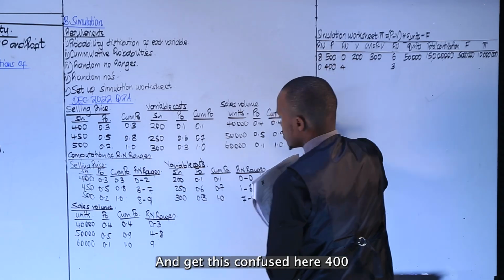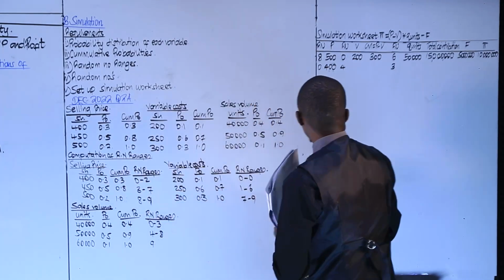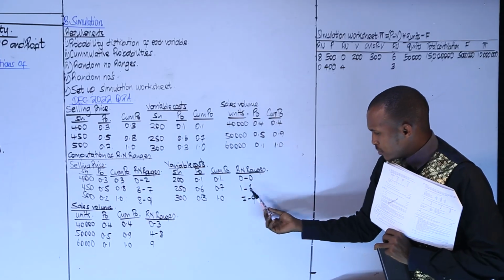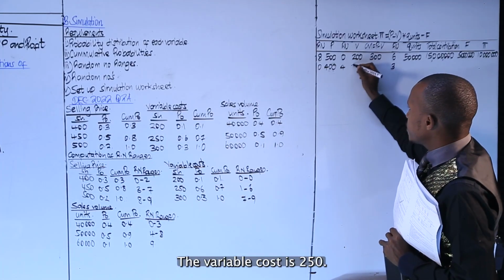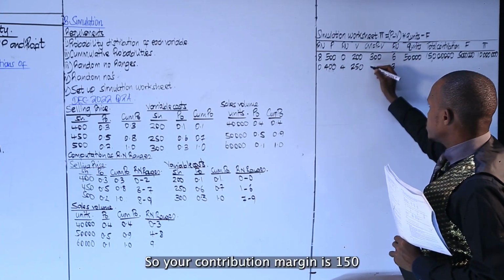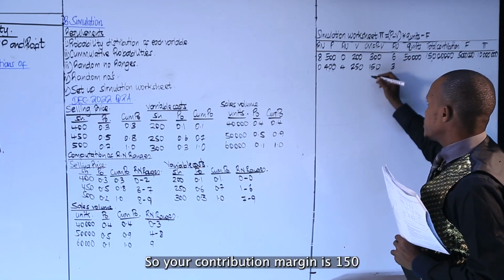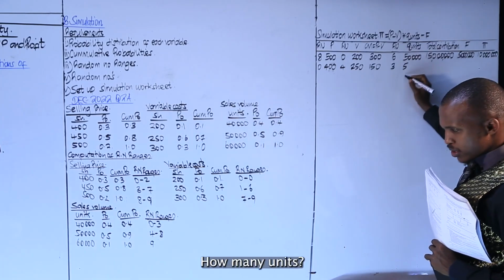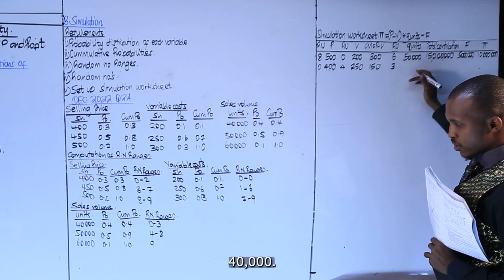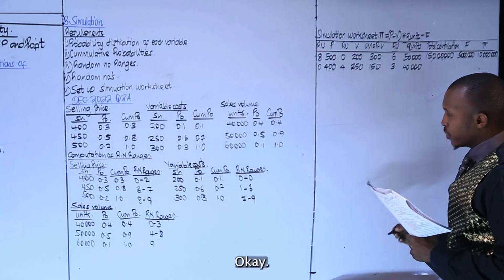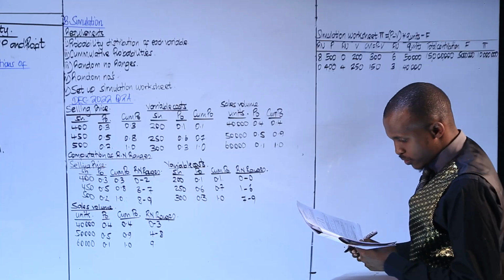Don't get this confused here. With a random number of 4, your variable cost is 250. So your contribution margin is 150. With a random number of 3, you're selling how many units? 40,000. Okay, we'll come back to the contribution.